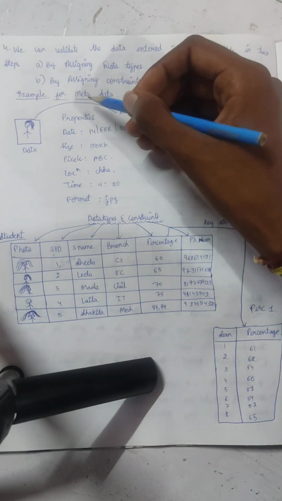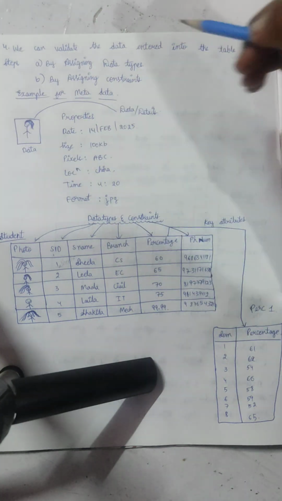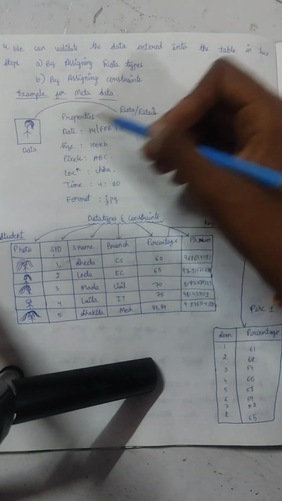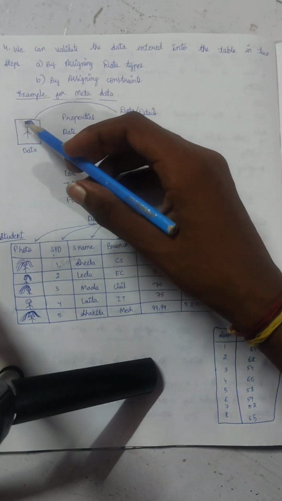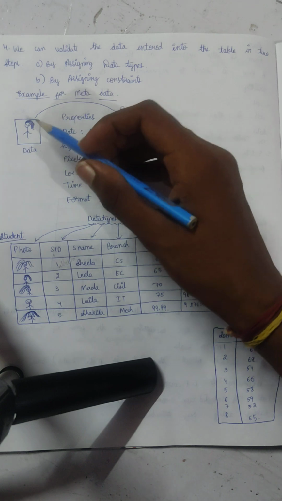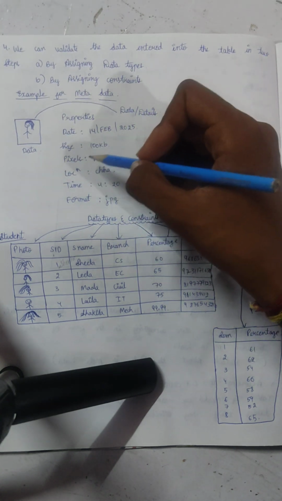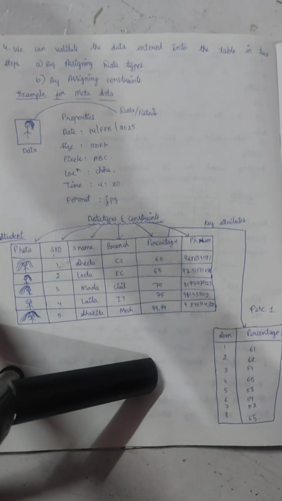As I discussed, metadata is data of another data, or details of another data. For example, if we click a photo in the phone, it has some properties such as date, size, pixels, location, time, format.